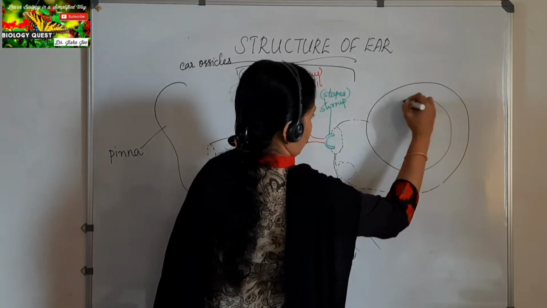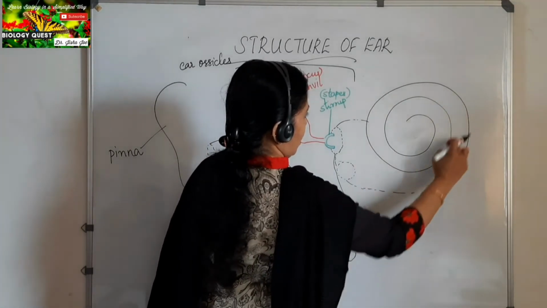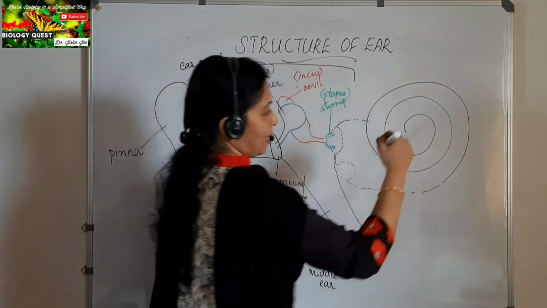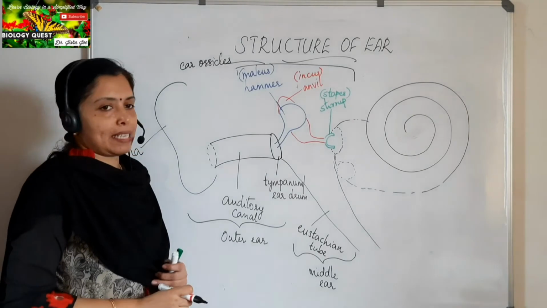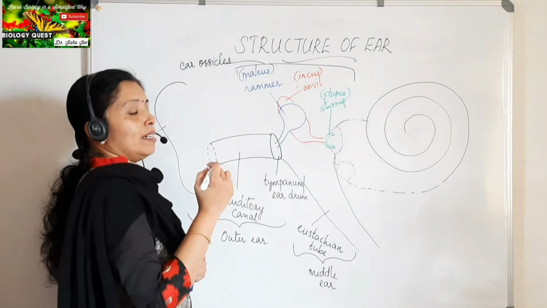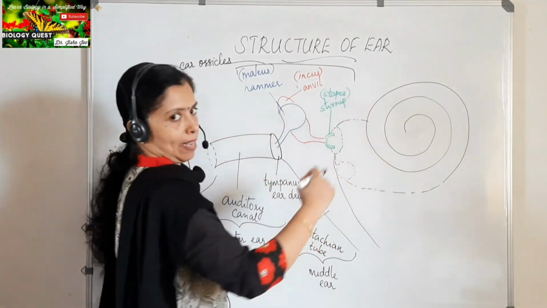It makes 2.5 turns. Okay, so that is the first turn, second turn, and the second half turn. It appears like a snail shell, and it has 2.5 turns.